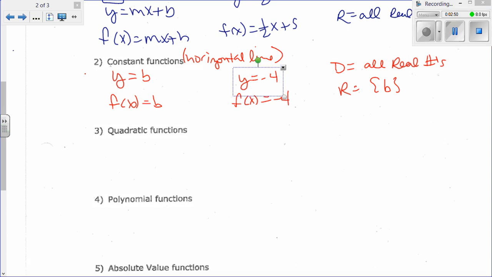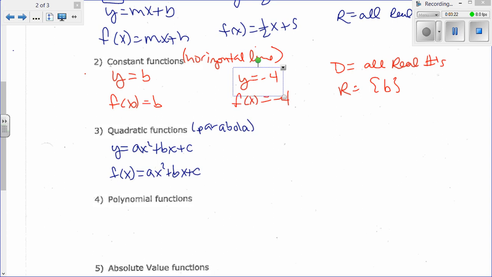Okay, next is the quadratic functions, and this is a parabola. Okay, and parabolas are in the form of y equals ax squared plus bx plus c. So in function notation would be f of x equals ax squared plus bx plus c.